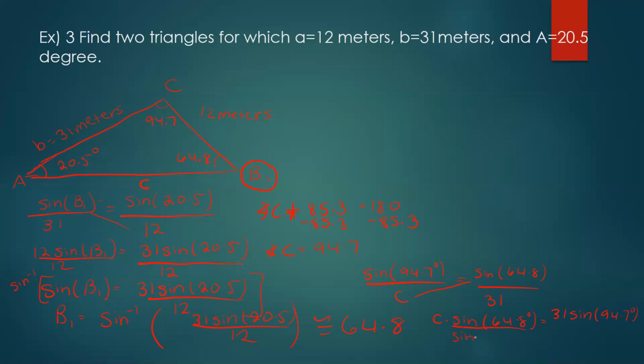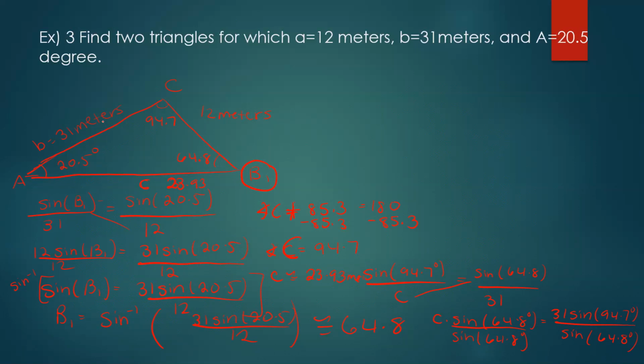Divide this by sine of 64.8, and you get c, small c, this is big C. So small c is about 23.93 meters. So this length here is 23.93. Okay, so you found your missing sides and your missing angles.